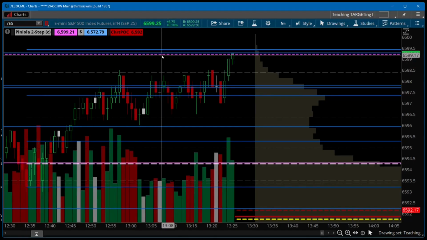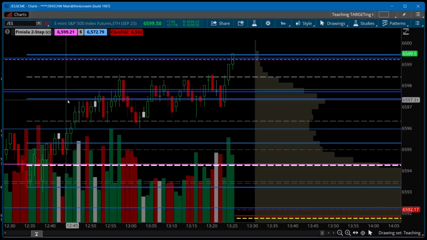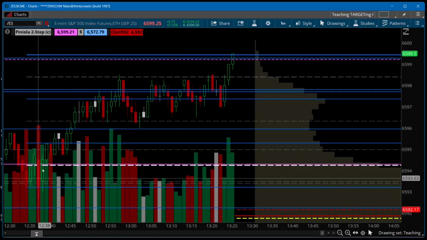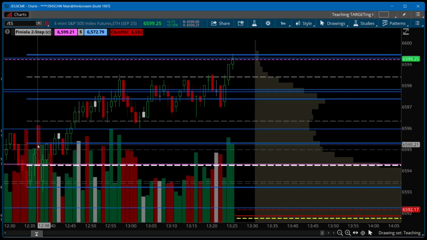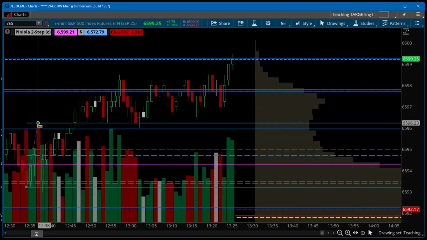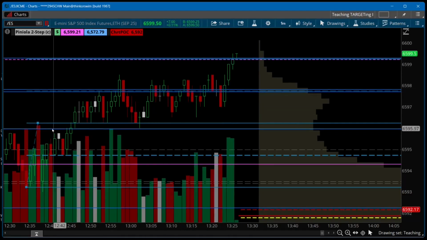Okay, the lavender small dash line was yesterday's value area high. This line is the 3.0 from the current cycle, which even if I move this up to here, that makes it the 2.0.